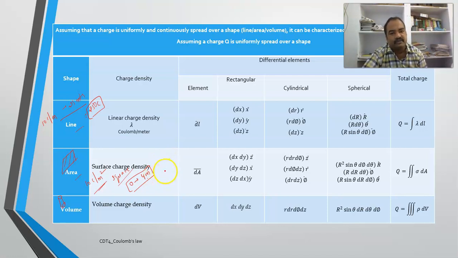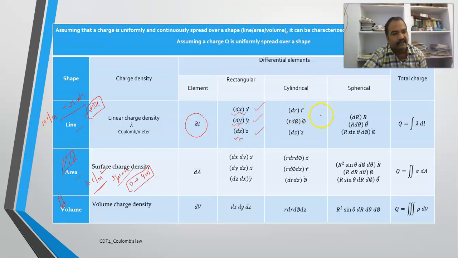So generally we use differential elements and then we integrate. Coming to differential elements, how to employ them. For a line charge in the Cartesian system, it can be in the X direction, Y direction or Z direction, so I will consider dx, dy and dz.